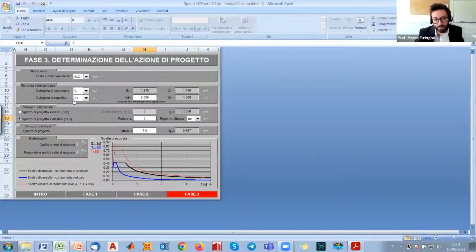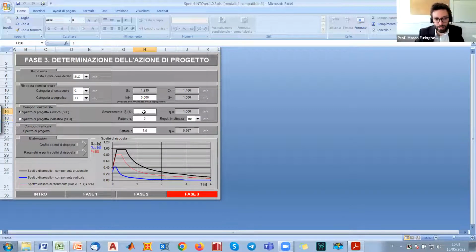What I didn't mention before is that for design, we need the elastic spectrum directly associated with 5% damping. This is very important because we will account for the proper damping of the isolation system directly within our computations in Excel. So we need the 5% damping.